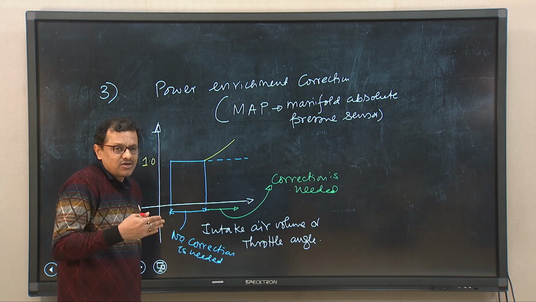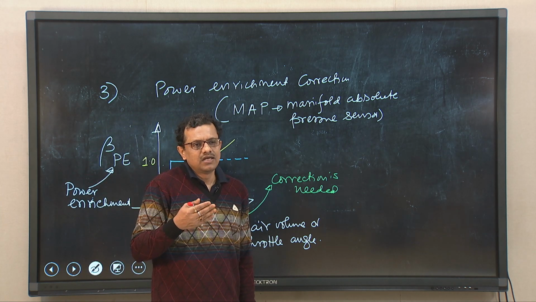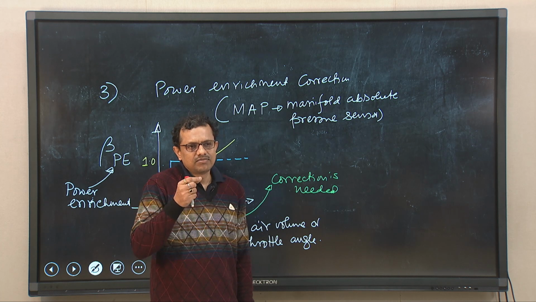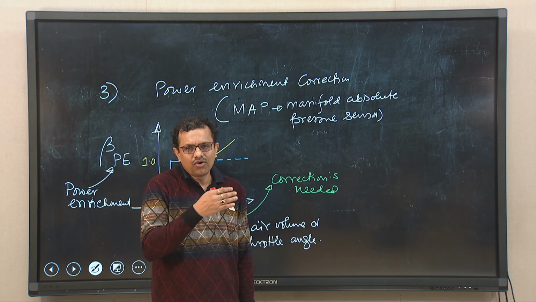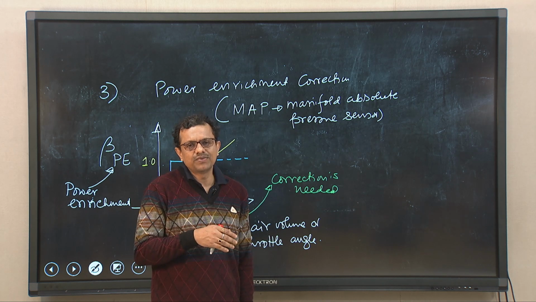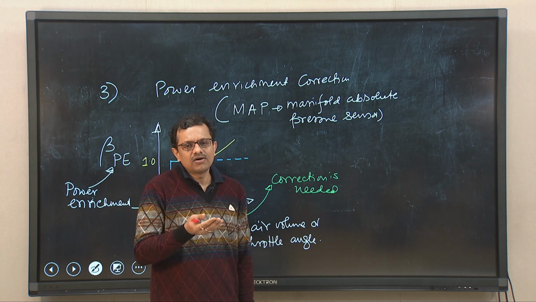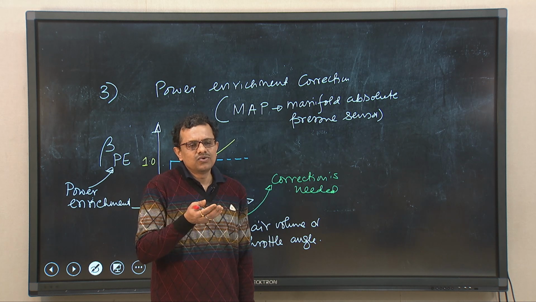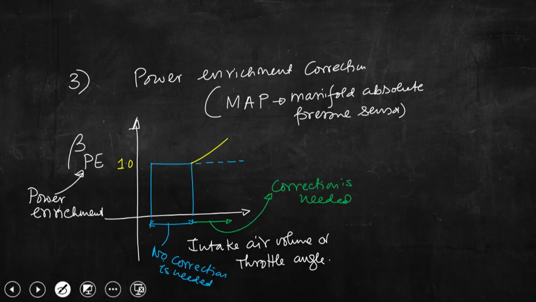Since the electronic control unit should be flexible enough to meet the demand, certainly all these facilities should be built in, so as to allow the engine to meet the requirement, to meet the demand. Now, if we go to the last one, that is known as battery voltage correction.